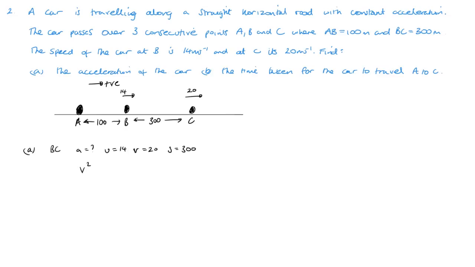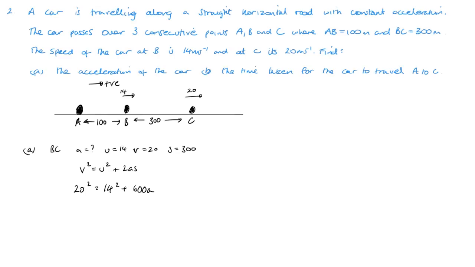So that's V squared equals U squared plus 2AS. So 20 squared equals 14 squared plus 2AS, so that's 600A.